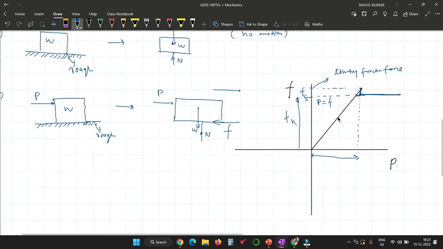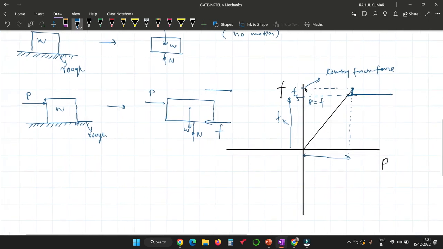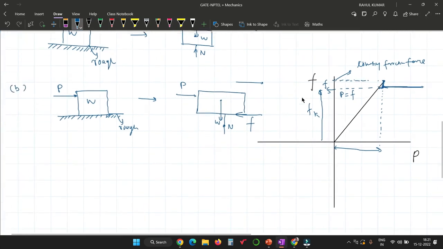If you apply external force in this region, the block always remains in equilibrium, but after this point the block will start to move. This is called the limiting frictional force, also called static friction, and after this point the friction is called kinetic friction.